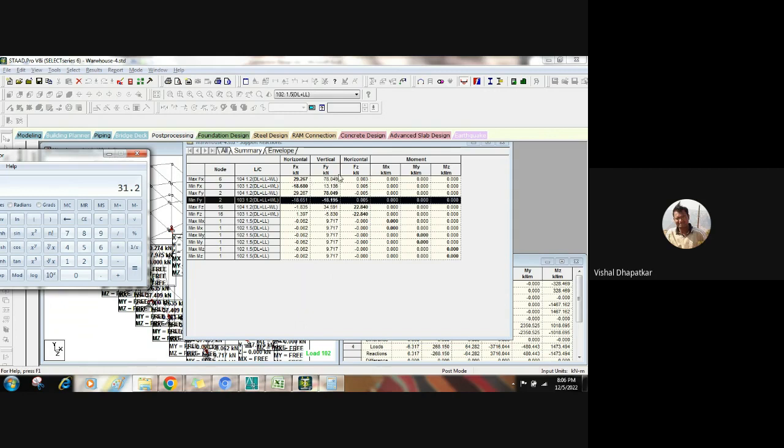There is no tension in the anchor bolt, so we don't need to check for the tension or pull out or deflection of the base plate when there will be a tension in the anchor bolt. Since there is no tension in the anchor bolt, all bolts are free from tension and shear. Only we need to design the base plate.